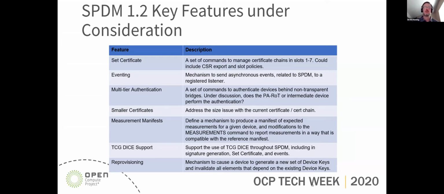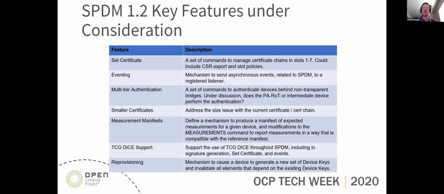The next item is support for TCG DICE. And this would be extending the ability of the certificate framework within SPDM to handle DICE style certificates. And I know DICE certificates are referenced in the OCP attestation spec.